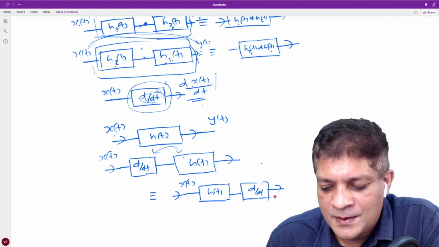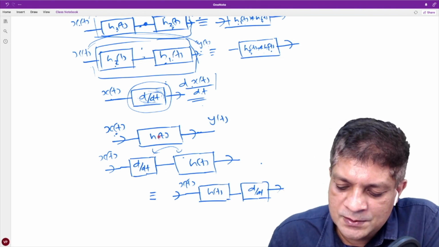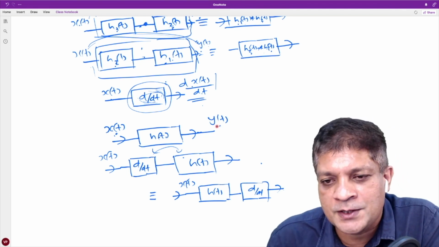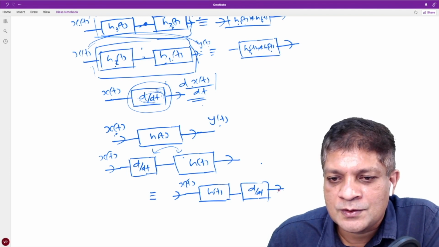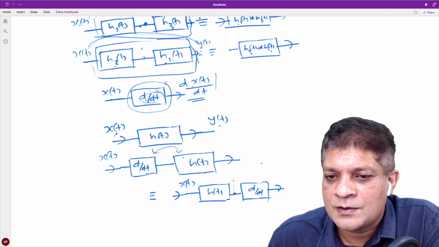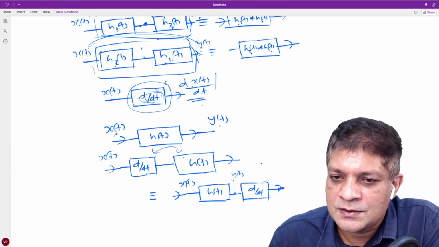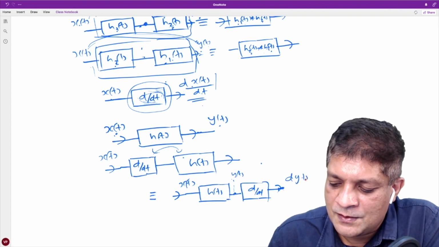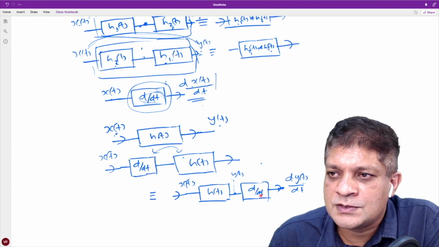Now tell me, what is this output? If you give x(t) to that linear time invariant system, it is y(t). What is the output at this point? y(t). And what about this? It is the derivative of y(t), because this is a differentiator.